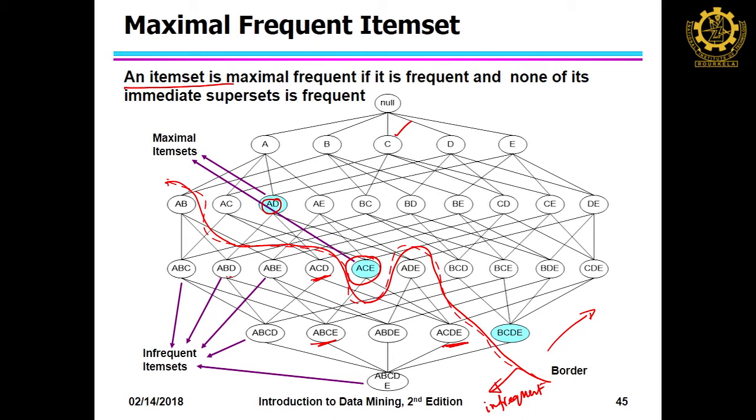C's corresponding supersets are BC, CD and CE, but these three are again frequent, because this is the border line and above it all are frequent. So, C cannot be a maximal frequent item set. An item set is maximal if it is frequent obviously, and second, its immediate supersets won't be frequent.